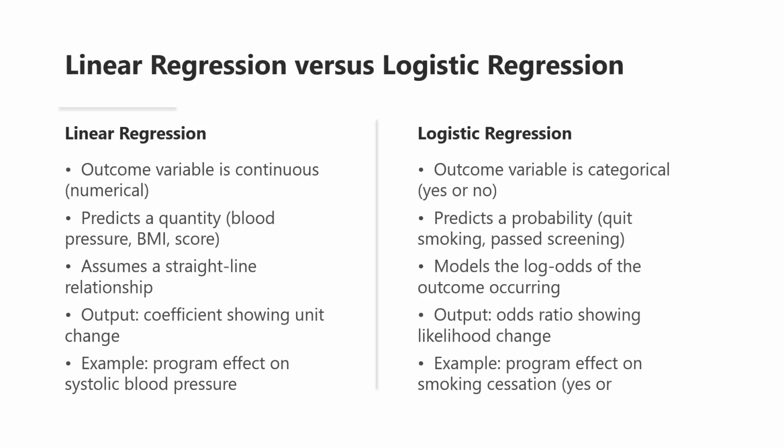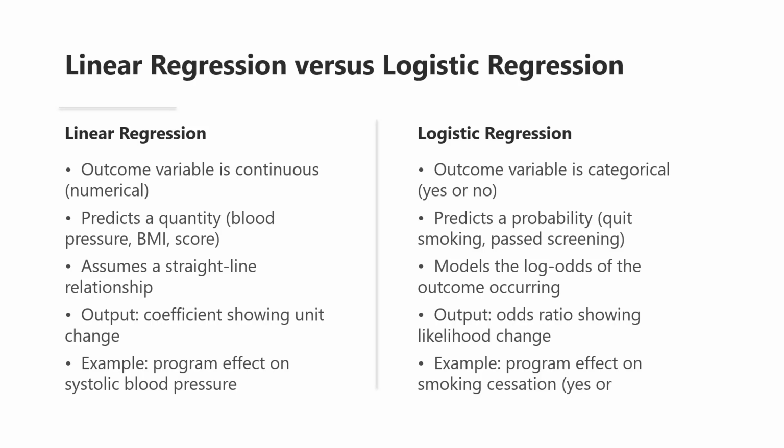Logistic regression is used when your outcome variable is binary or dichotomous, meaning it has only two categories such as yes or no, success or failure, quit smoking or did not quit smoking, screened or not screened. Logistic regression does not predict a number. Instead, it predicts the probability that the outcome will occur.